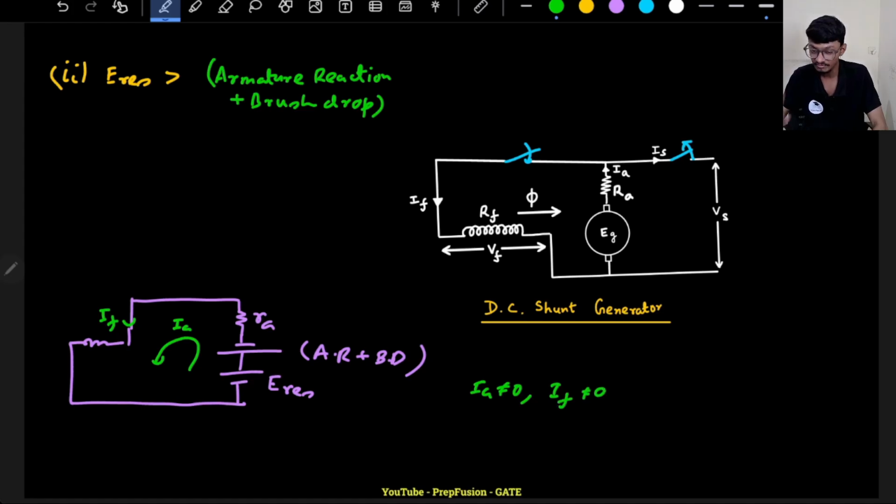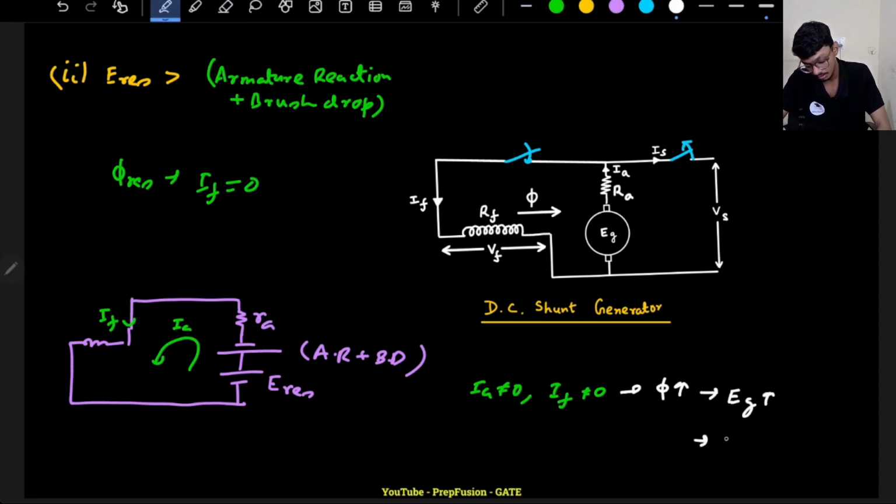Residual flux was generated when I had no field current, but now IF is non-zero. If IF is non-zero, then my flux will increase. If flux increases, then my EG will increase, because EG is dependent on the flux. So if EG increases, what will happen?